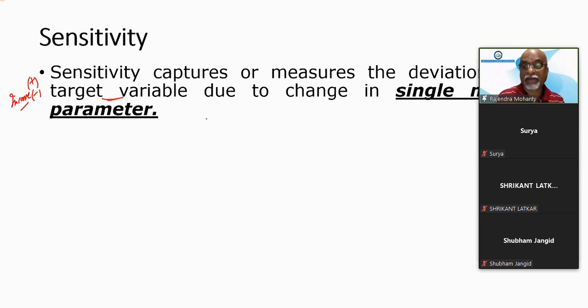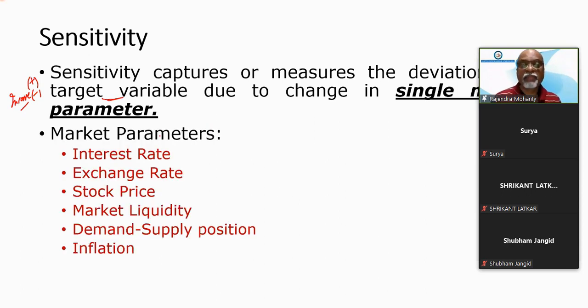Okay, what are these market parameters which may affect our income? Market parameters can be anything. If the interest rate changes, our income may come down. The exchange rate, stock price, market liquidity position, demand supply position, and inflation, all these are different market parameters.